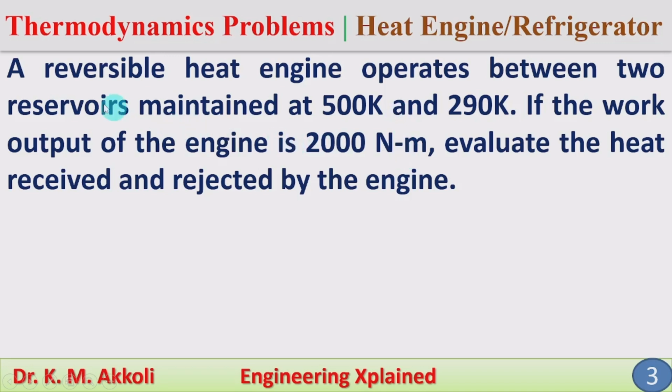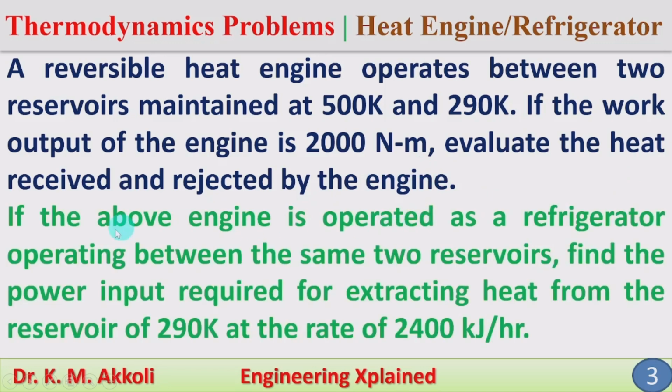The first part is that a reversible heat engine operates between two reservoirs maintained at 500 Kelvin and 290 Kelvin temperatures. If the work output of the engine is 2000 Newton meter, evaluate the heat received and rejected by the engine.